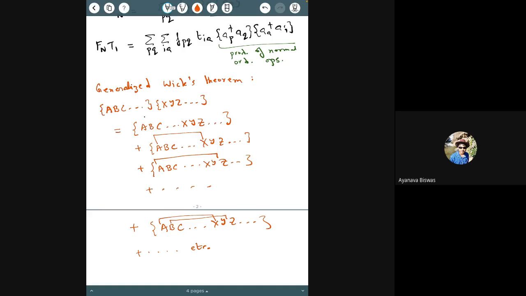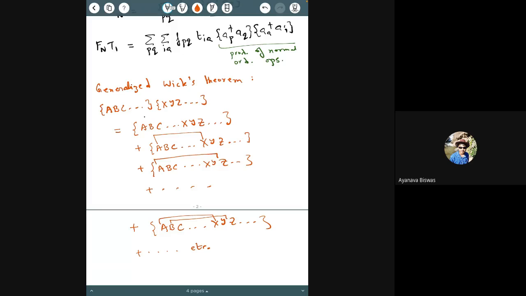So if you think about it a little, it's quite an intuitive theorem, because once you've normal ordered a string of operators, you've already excluded the contractions that are possible among the orbitals that are inside the bracket. So those are already excluded from this normal ordered term.